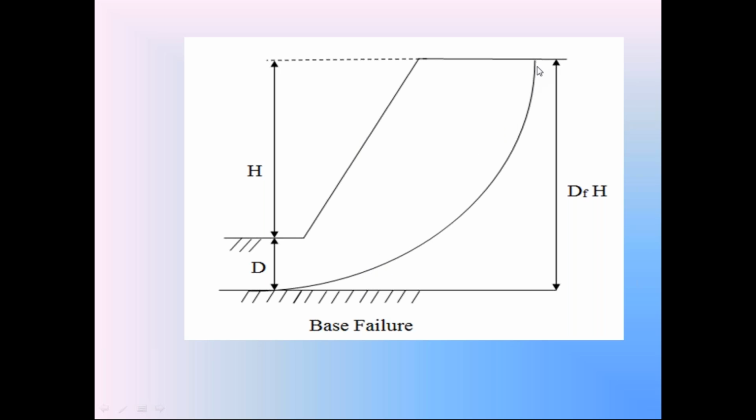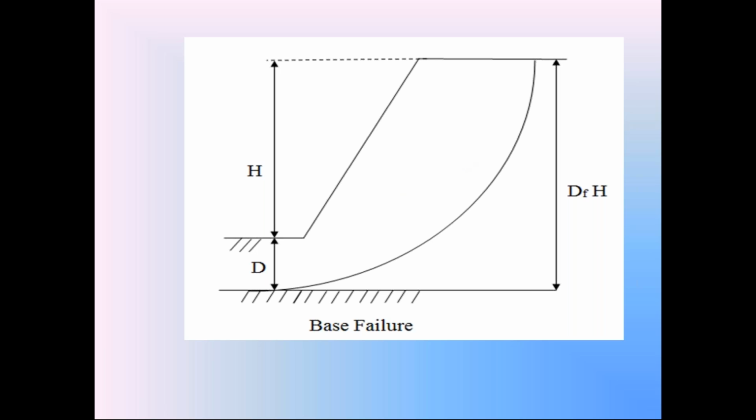In the base failure, the curved failure surface, which is also a rotational failure, passes tangentially through the hard stratum and comes out away from the toe. So the entire soil mass in the base failure is subjected to failure.